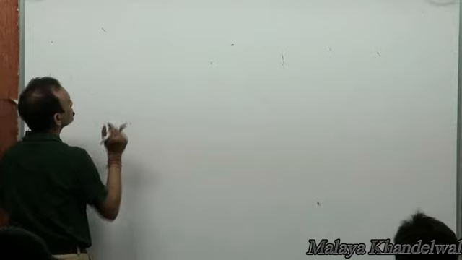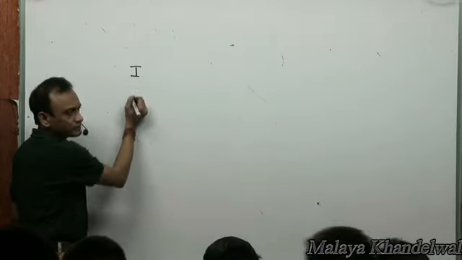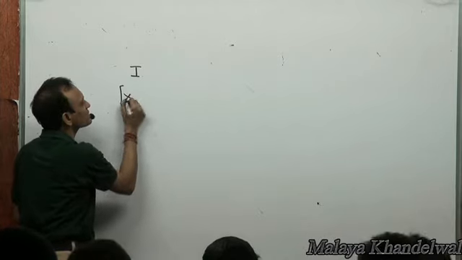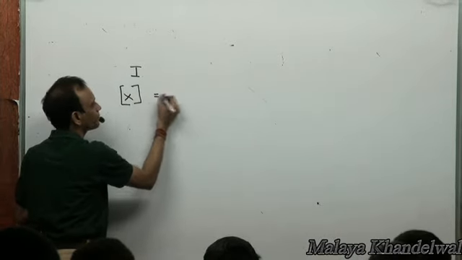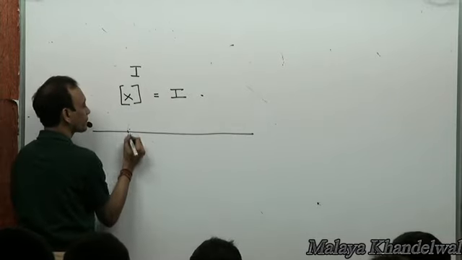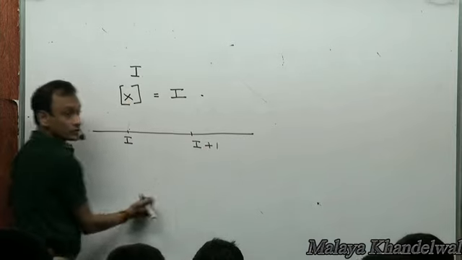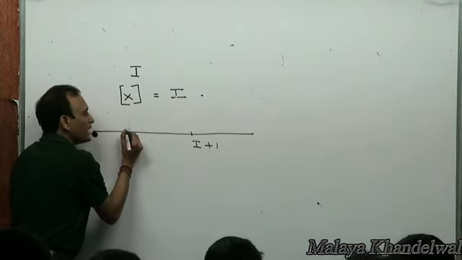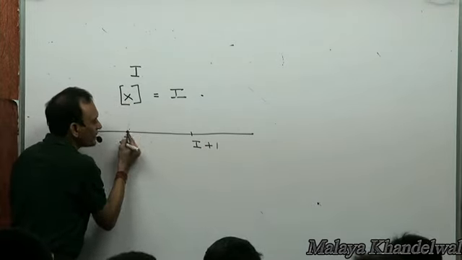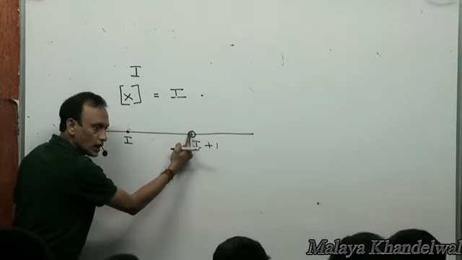Now, look, if I is an integer, and if I said box of x is I, then do you realize box of x will be I for all values of x lying between I and I plus 1, which includes I but excludes I plus 1.